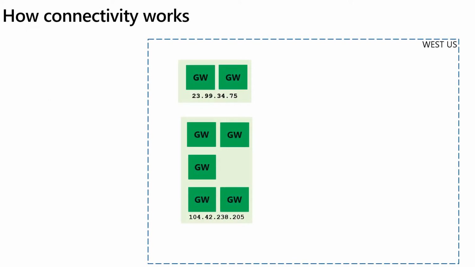So let's start by understanding how connectivity works. At a very high level, we have a region. For example, here it's West US. And in each region, we have one or more SQL gateways as represented by the green boxes. Now, each of these gateways has a public-facing IP address, which is where your connections are received.